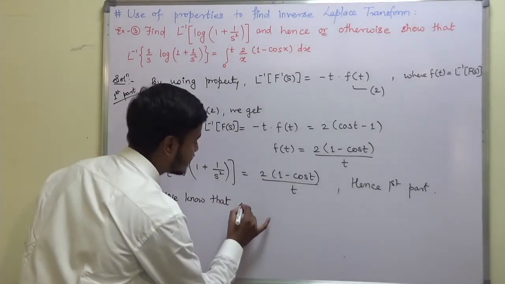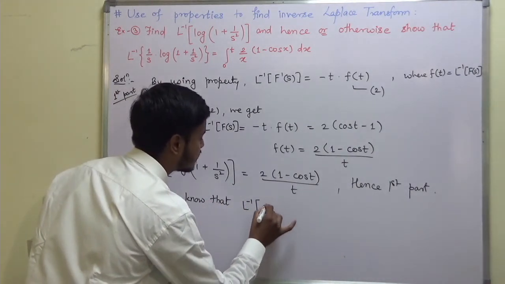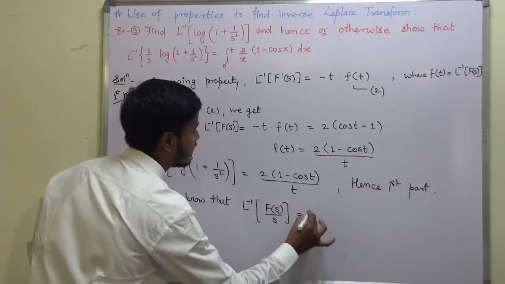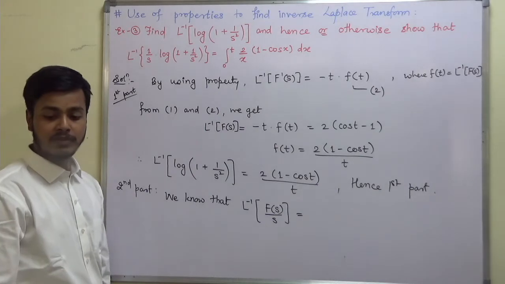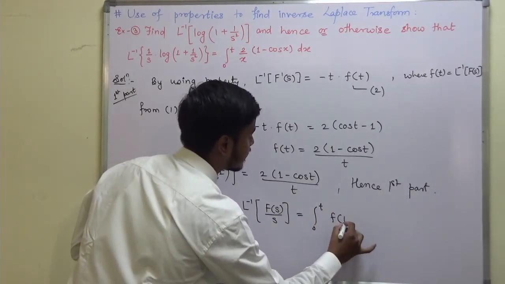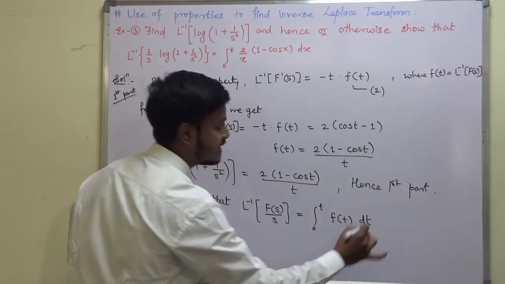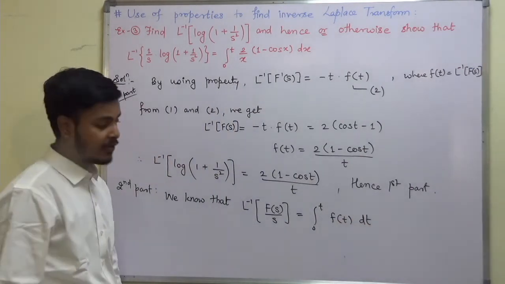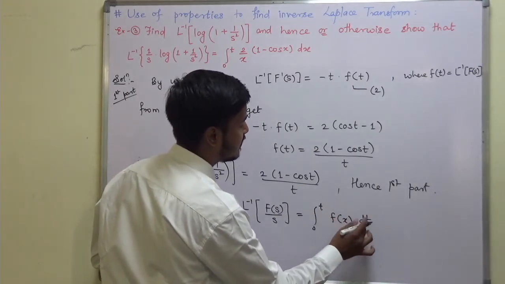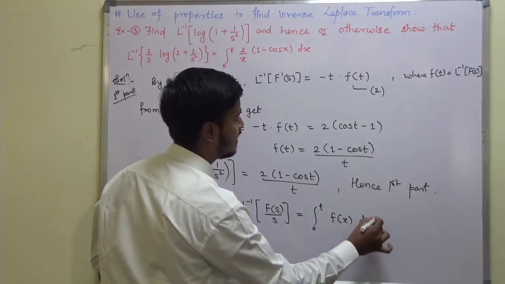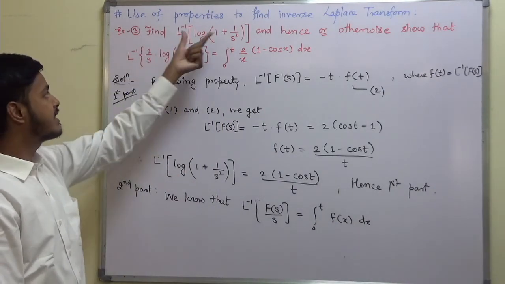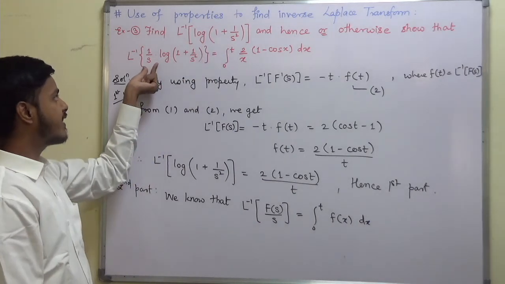We know that L inverse of F of s upon s is equal to the integration from 0 to t of f of t dt. If the limit is in terms of t, you can use some other variable. Now if you look at this and this, the only change is that this is the function I have, divided by s.